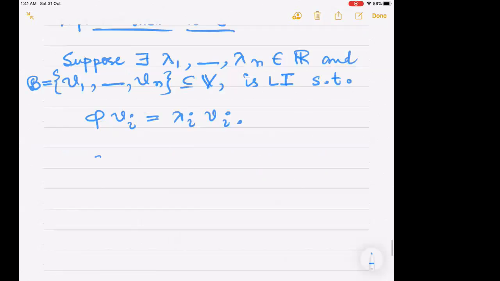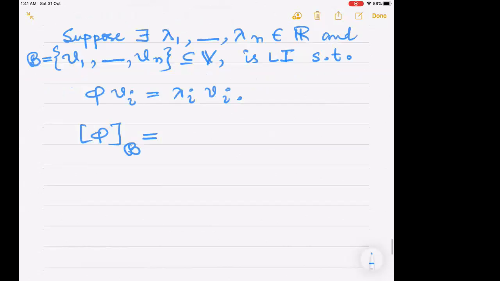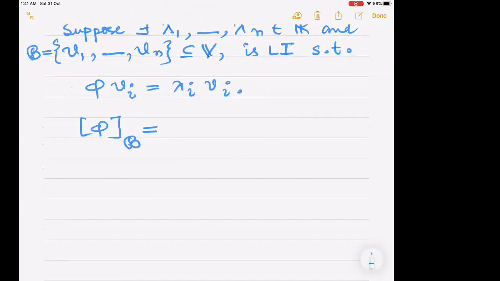Then notice that phi's representation in this basis B is going to be what? Recall, how do we represent a matrix under a basis? We look at the first basis vector V1 and see how phi V1 is represented in the basis.